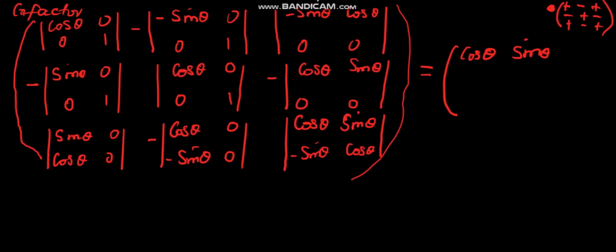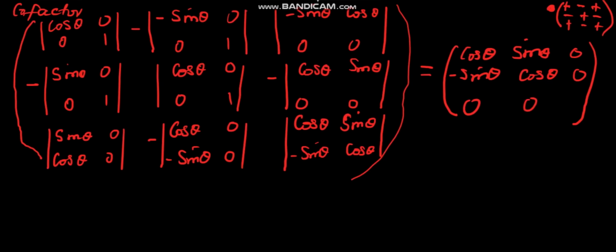Then the determinant of this matrix here is going to be 0. Then here we're going to have negative sine theta, then cos theta, then a 0, a 0 for this one, and a 0 again there.